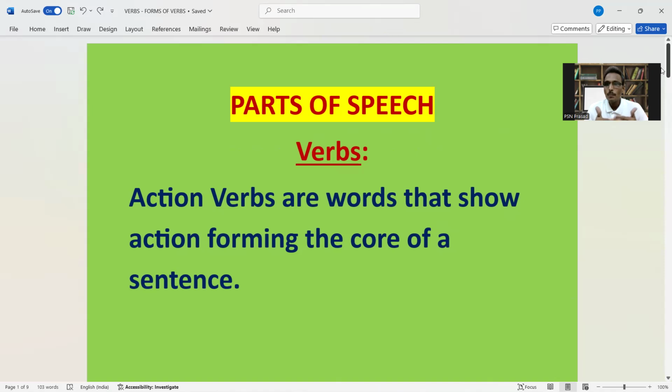And verbs are parts of speech. The words in a sentence, as you are aware, can be grouped into 8 categories. One of them is the verb, and it is just like the brain of the body. Okay, very, very important. So the verbs are of two types: action verbs and non-action verbs.